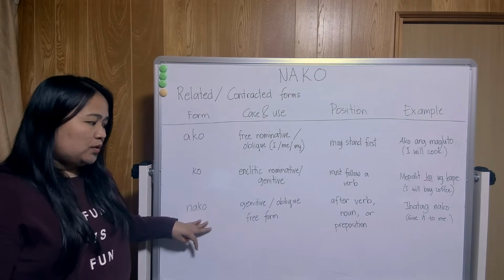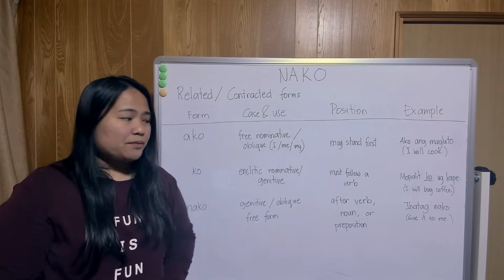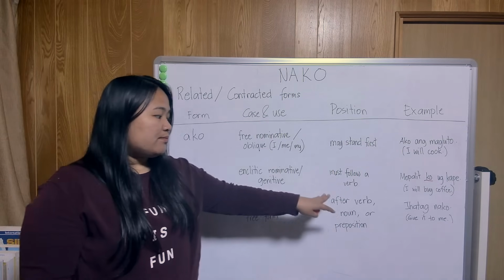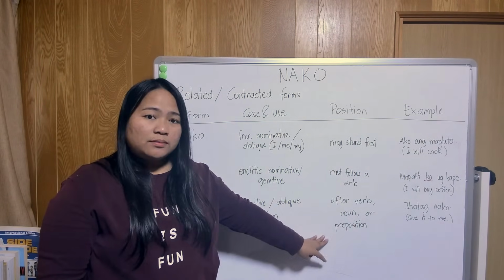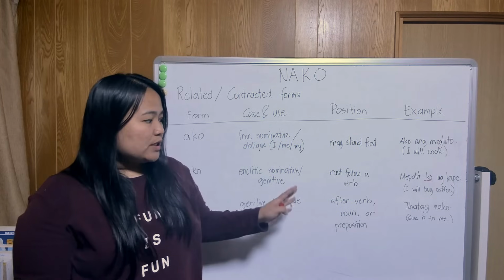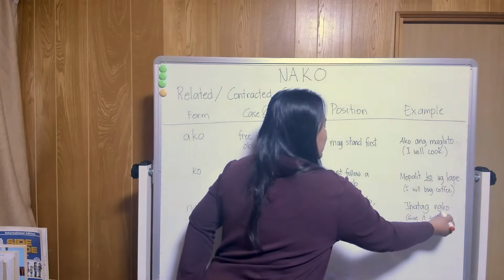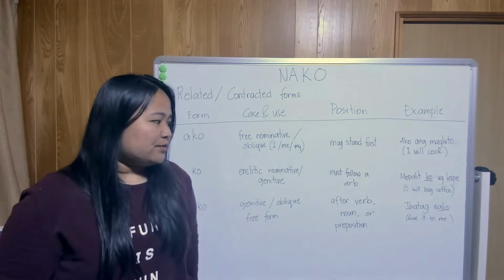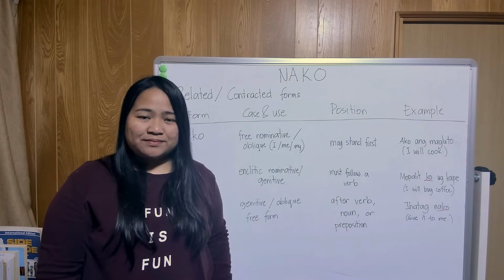And Nako is the genitive or oblique free form. The position is after a verb, a noun, or preposition. For example, ihatag nako. Here, nako after the verb ihatag. It means give it to me.